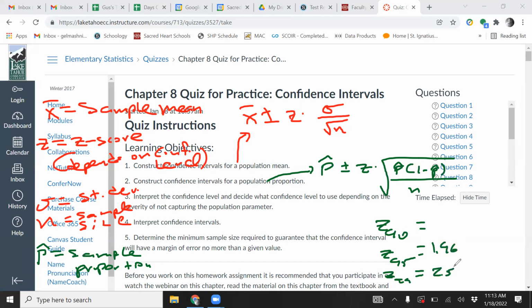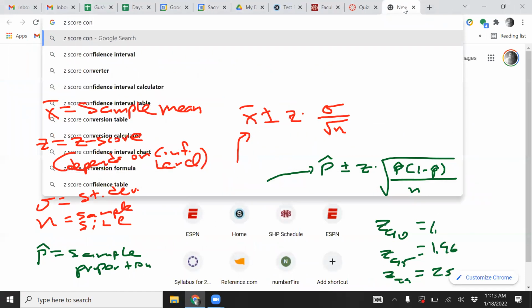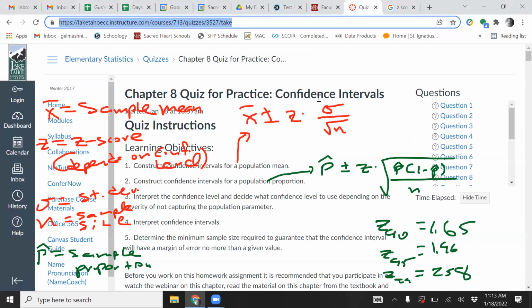I should know this. Yeah, Z score, confidence interval. Yeah, it's 1.65, 1.96, 2.58. So anyway, that's what we got there.